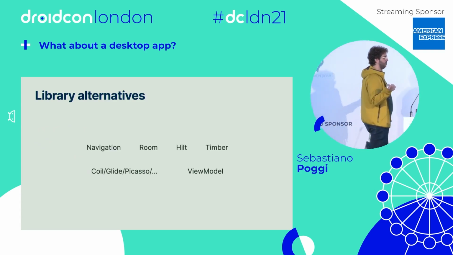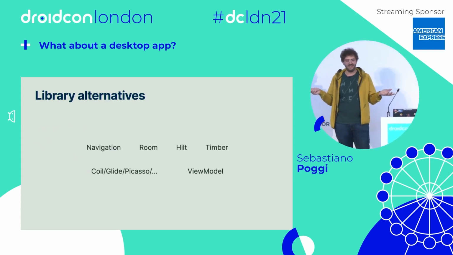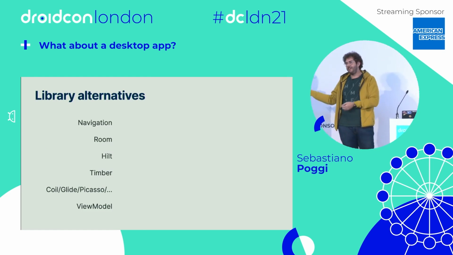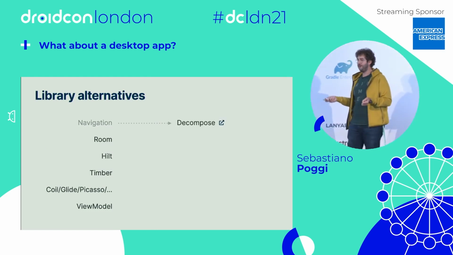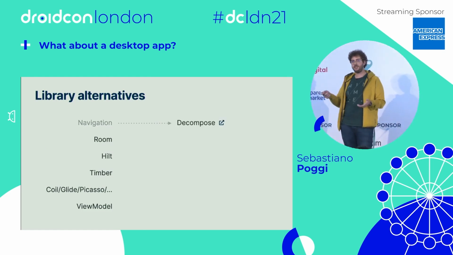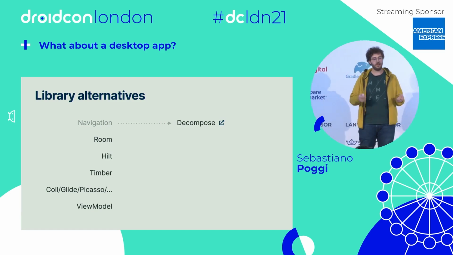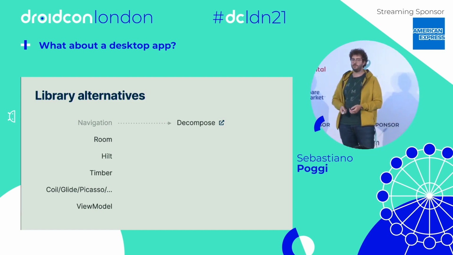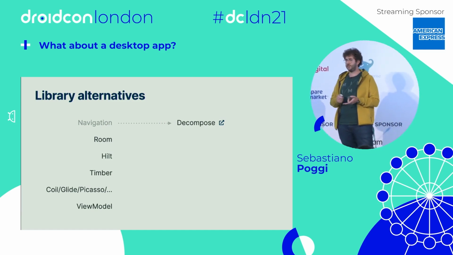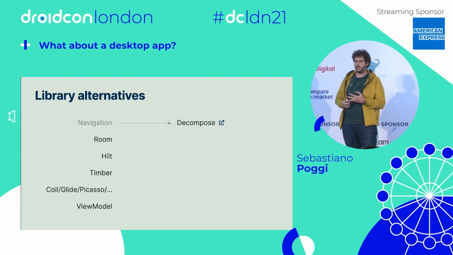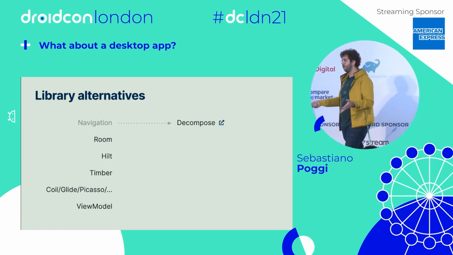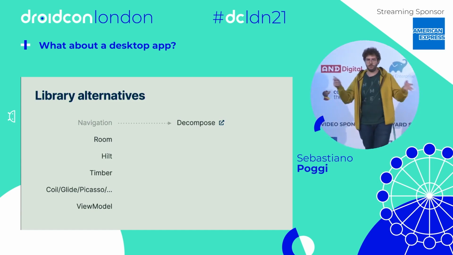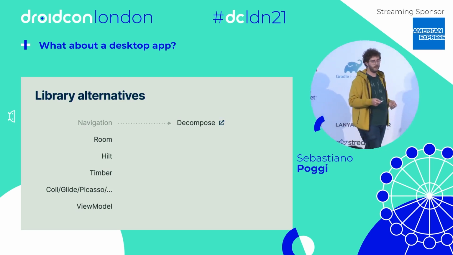So what do you do? Well, there are alternatives. For example, for navigation, there is a Kotlin multi-platform library called Decompose that supports desktop. I think it supports JavaScript. So if you have a Kotlin multi-platform project, you can use that across all your platforms, including Android.